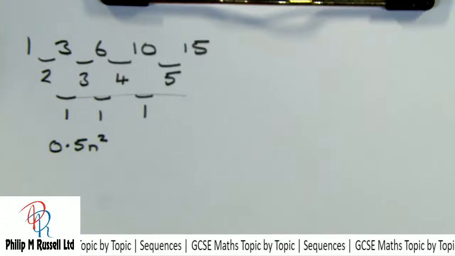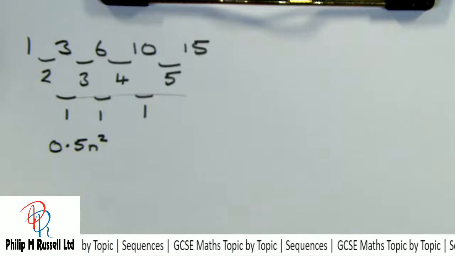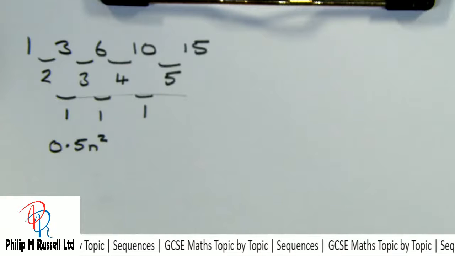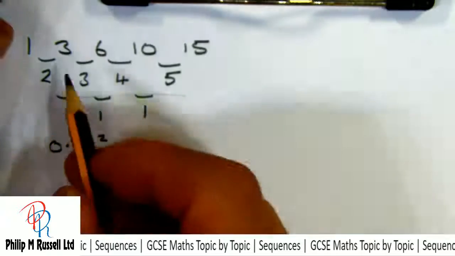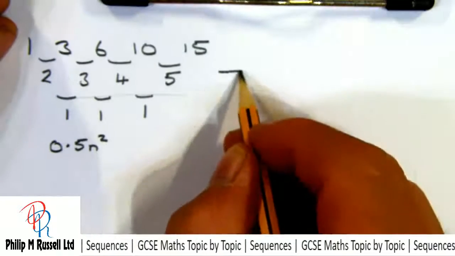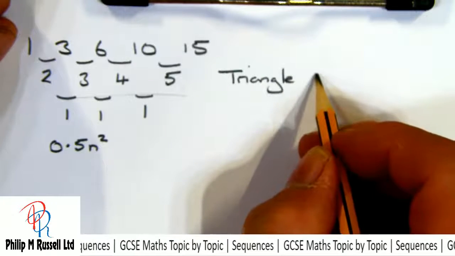Now, basically, sequences based on triangle numbers go up by 1 number more each time. So as soon as we see this, we know these are triangle numbers.